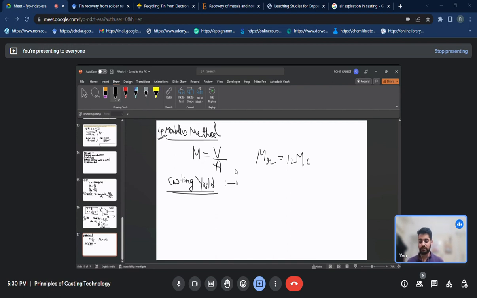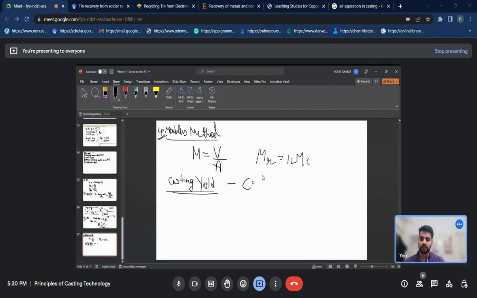Your gating design should be proper to avoid erosion, turbulence, splashing, and air aspiration, so that non-ferrous metals can also be easily casted. It tells how easily your casting can be casted, basically.